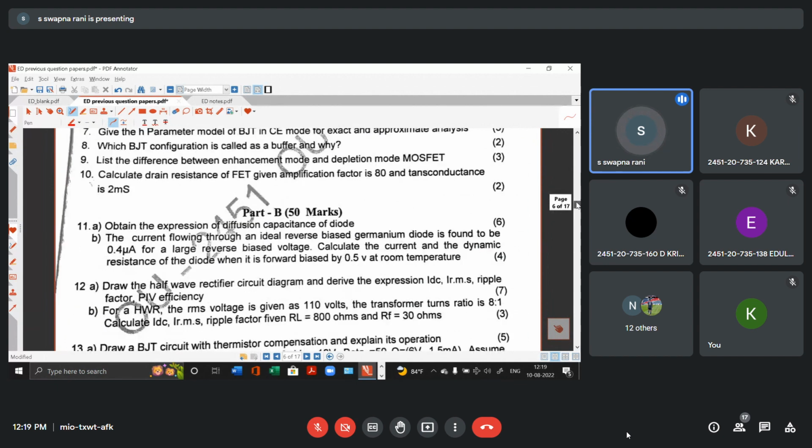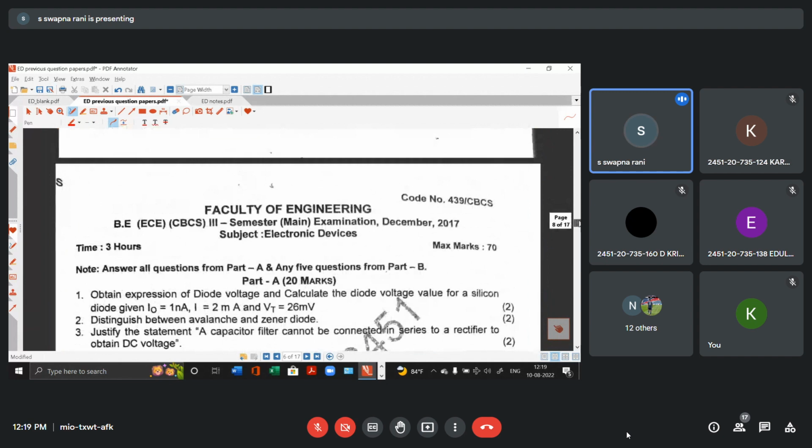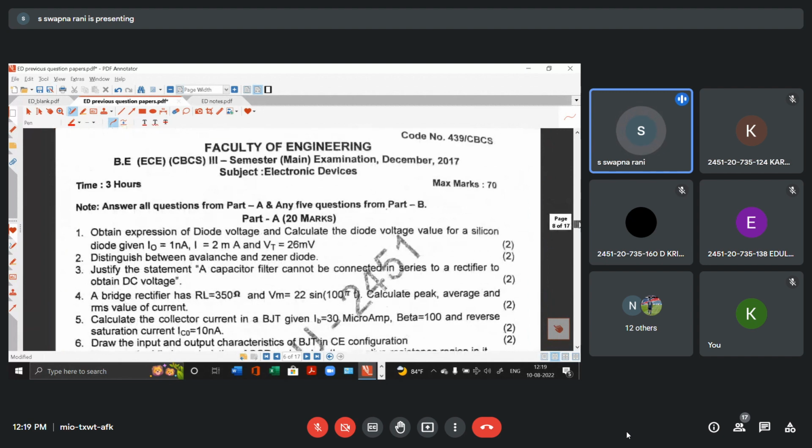Second one, if you observe, there is a problem on the diode current equation. And again in part B, there is a problem on diffusion current. And there is a problem on the diode current equation, the first one. And second one, again distinguish between avalanche and Zener.